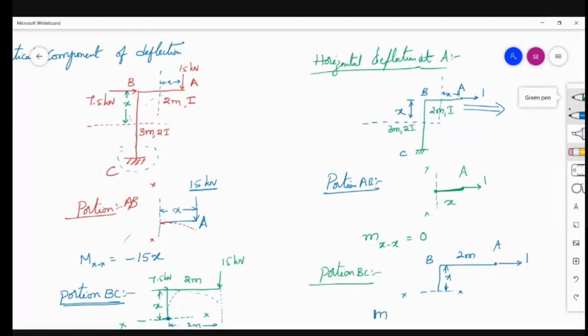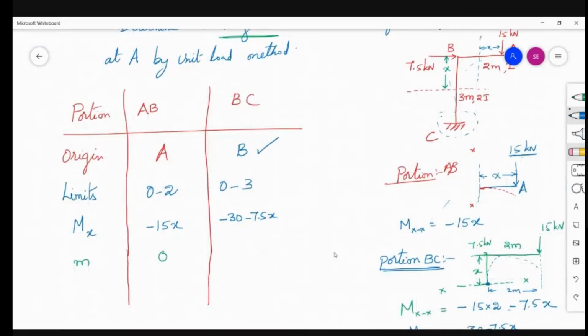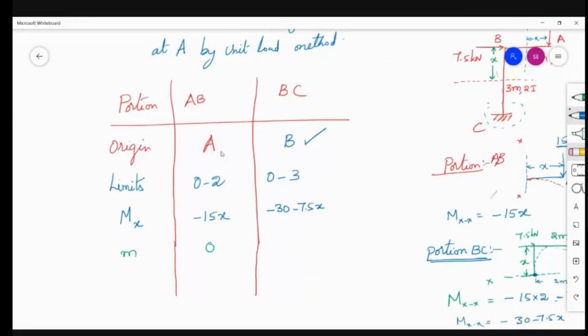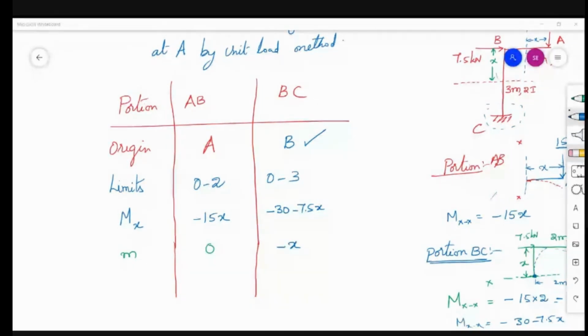So what is the moment here? This moment is creating hogging, that's why negative: minus 1 into x. So for horizontal, m is 0 for the AB portion, and for the BC portion, it is minus x.